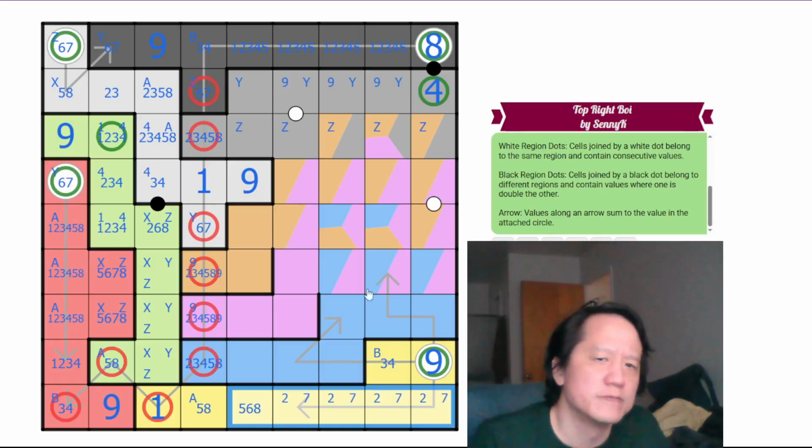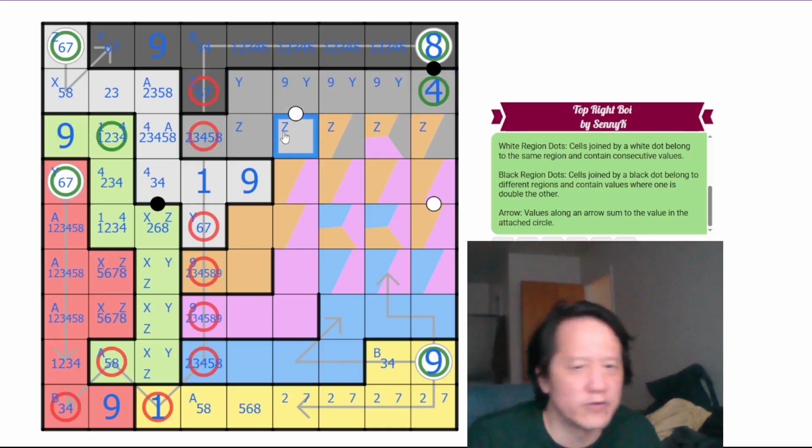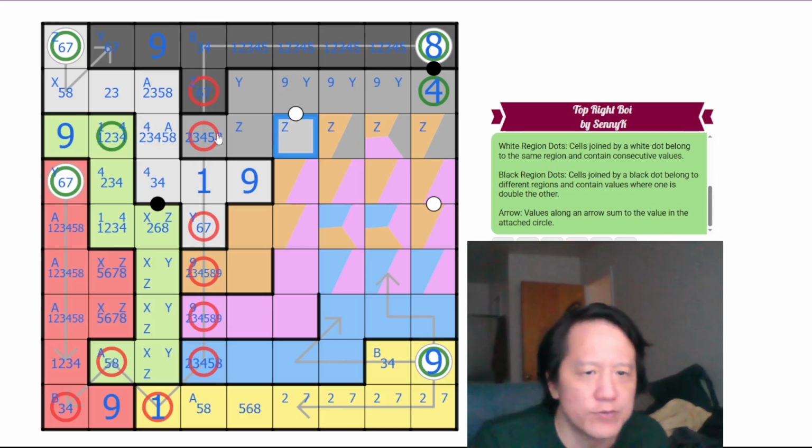Oh, that's interesting. Oh, never mind. I was thinking of something else. No, that is interesting. Okay. Y. Where can Y be in row 3? Can't be here because of Y in the column. Can't be here because the Y in the region is here.